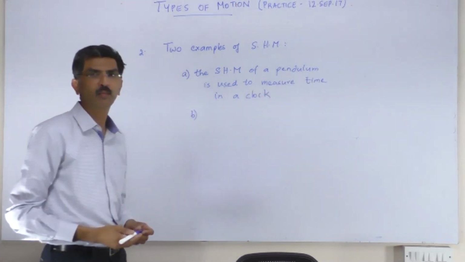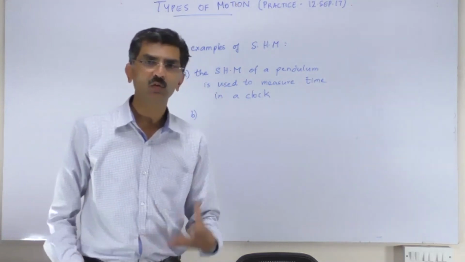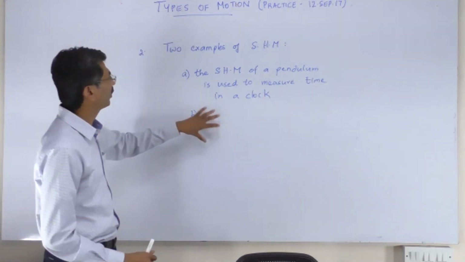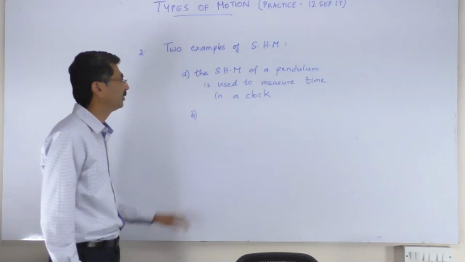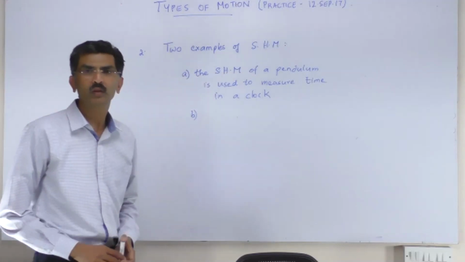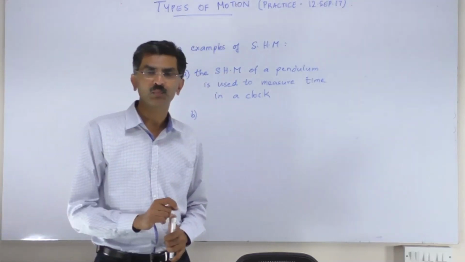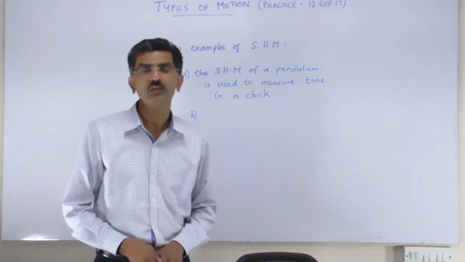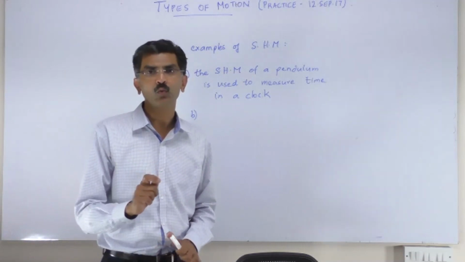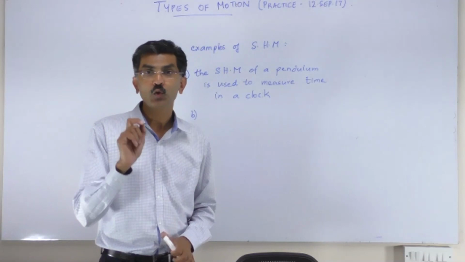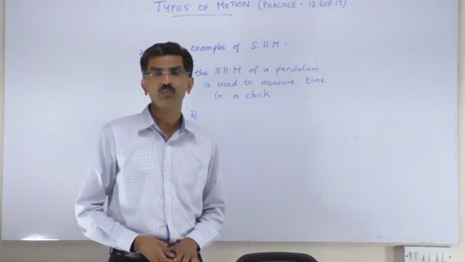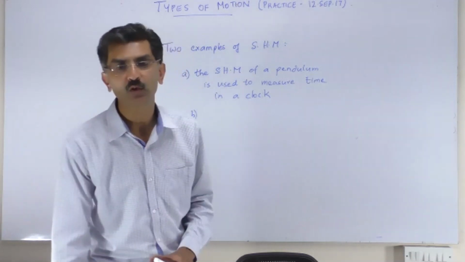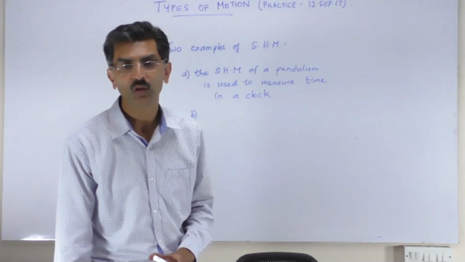That is the first example of an application of simple harmonic motion. What about the second example? The second example would be where tuning forks are used in order to tune musical instruments. Tuning forks are used to tune musical instruments.